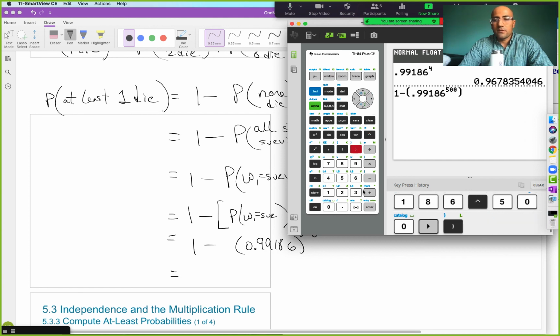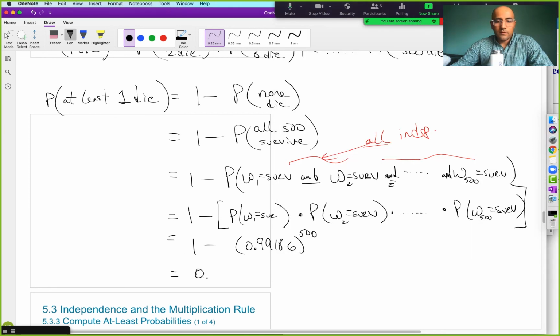Close parentheses. Okay, something like that. Enter, and that's what I get. 0.9832. Let's go over here. 0.9832 or 98.32% chance.